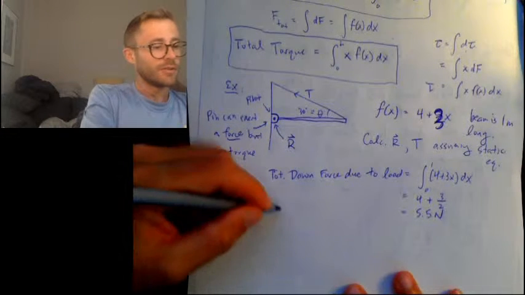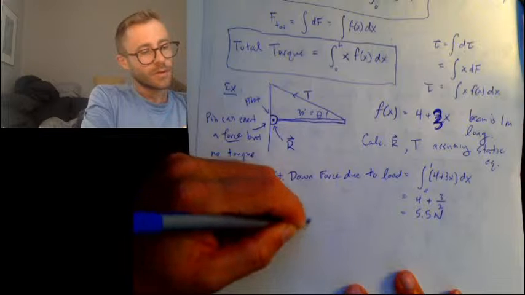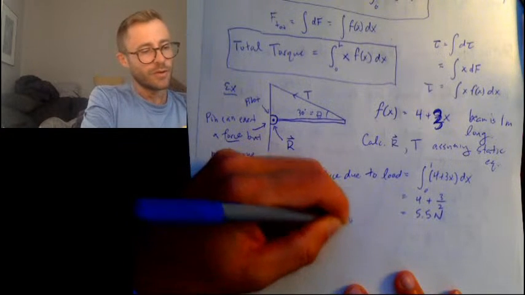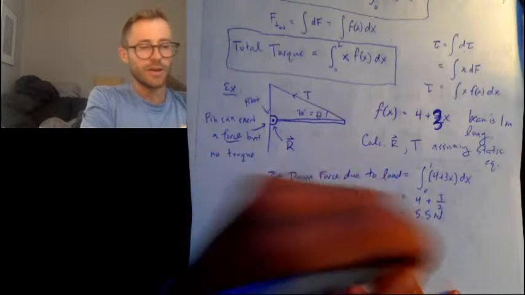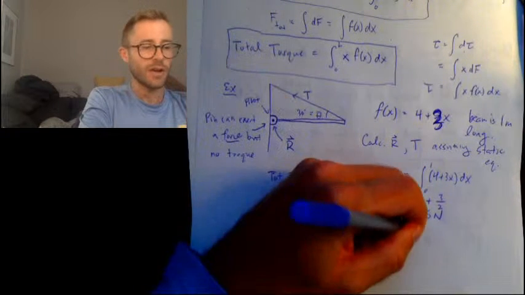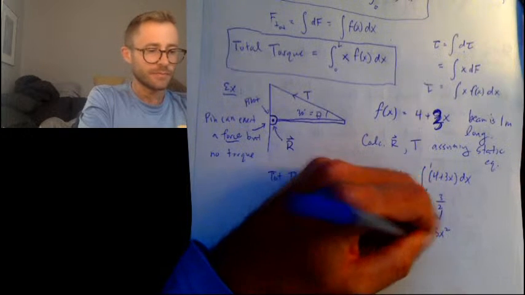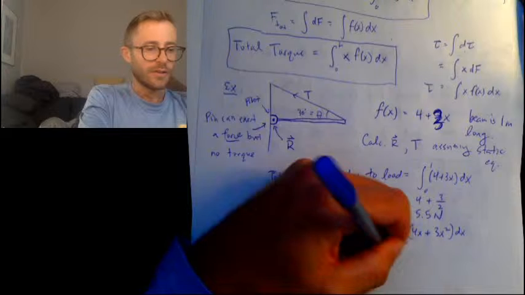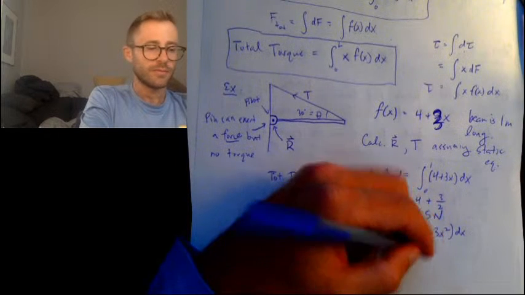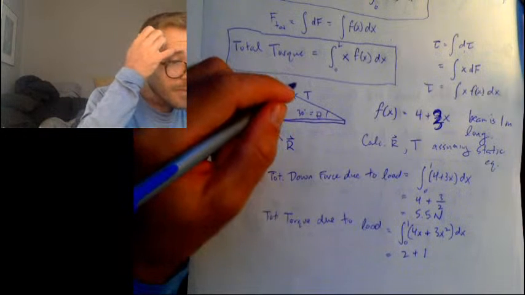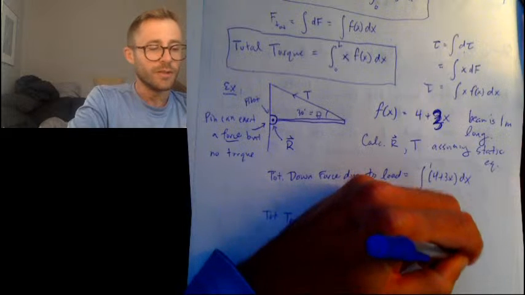And then the total torque due to the load is going to be the integral from 0 to 1 of x times that, so 4x plus 3x squared dx. And that is going to be 2 plus 1. So that's going to be 3 newton meters.